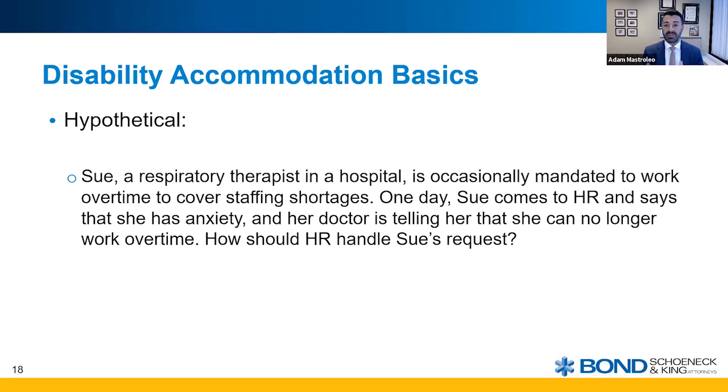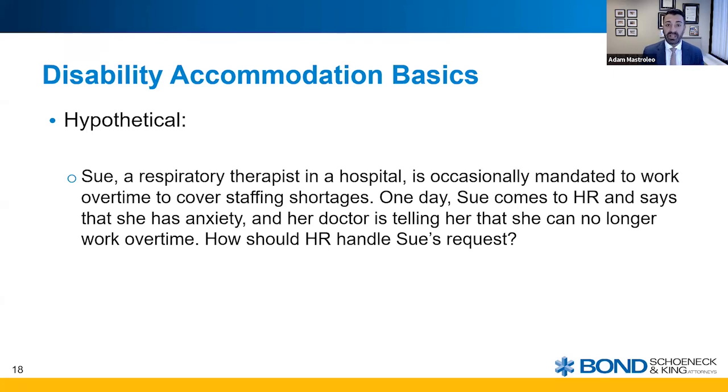So Sue, in coming to HR, she has begun the interactive process, right? She has told us, I have a disability and I need an accommodation. So we start that interactive process. If you as an employer at this point utilize a reasonable accommodation request form, you could say, Sue, thanks so much. Here is our form.